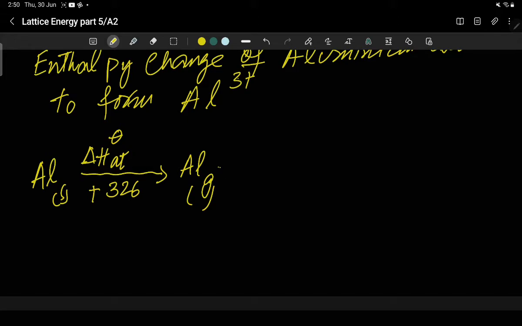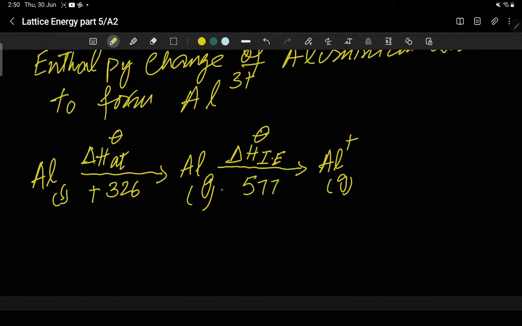Then aluminium gaseous atom changes into aluminium plus 1 gaseous ion, and it involves delta H ionization energy, which is equal to 577, which is positive. And this is enthalpy ionization energy 1, first ionization energy.